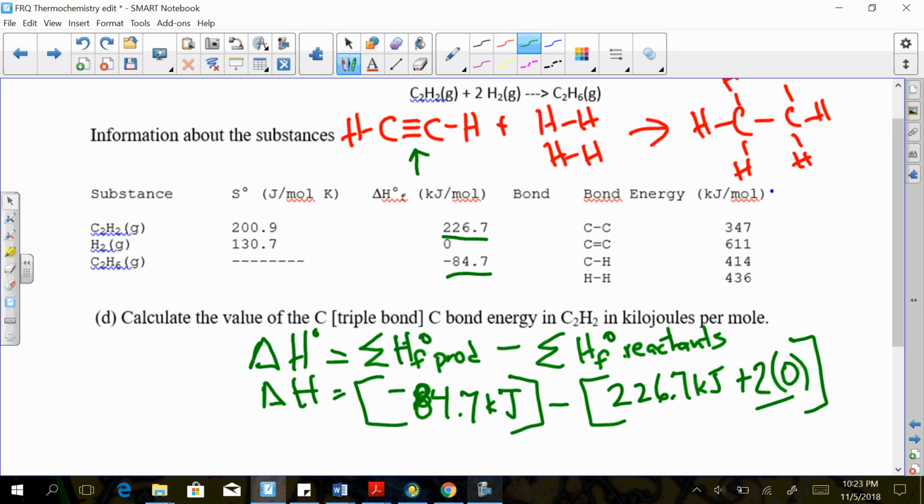Okay, so if I add those two together, I get the delta H of that reaction. And the delta H of that reaction turns out to be negative 311.4.